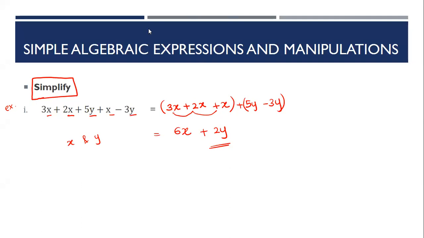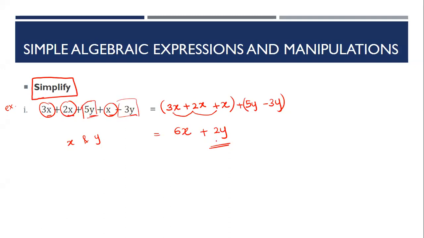The answer is correct, right? 6x, no, we are getting... Okay, so here 3x. Oh, miss. So here 2x and the x. So 3, 2 and 1 is 6x and, okay, 5y and here minus 3y.